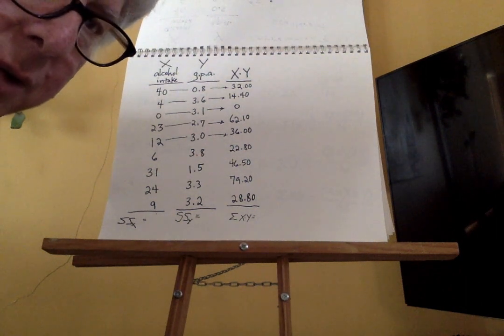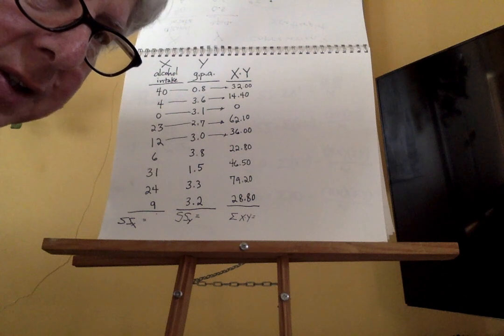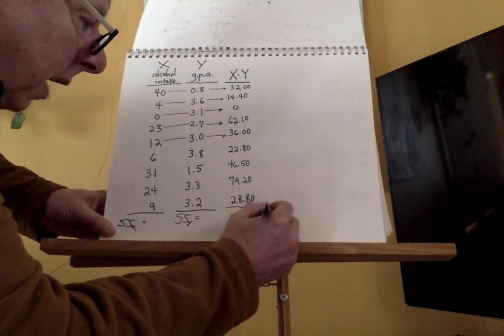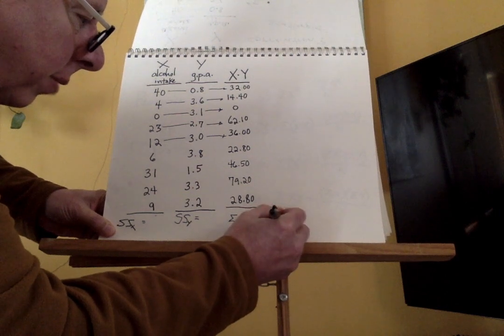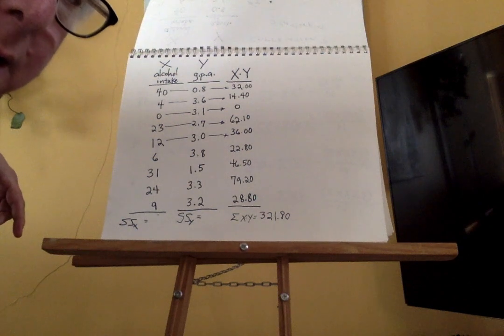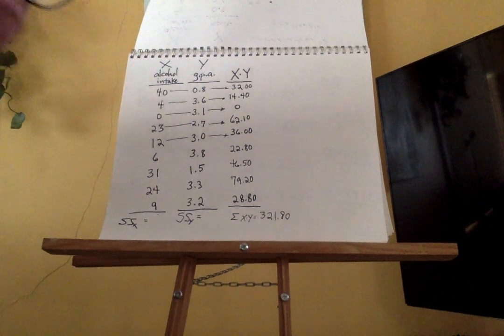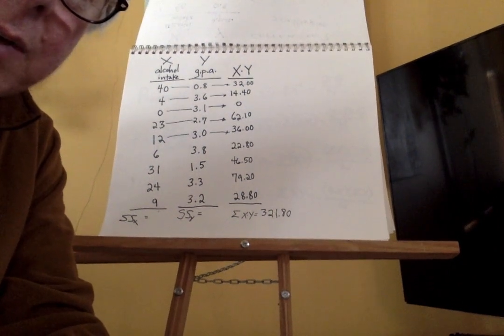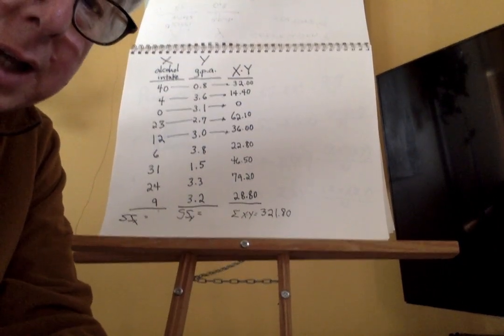Okay, so we're back. So the sum of x times y is 321.8. I hope you got that. 321.8. Okay, and I've got to see my sum of squares for x and y. What did you guys get here?